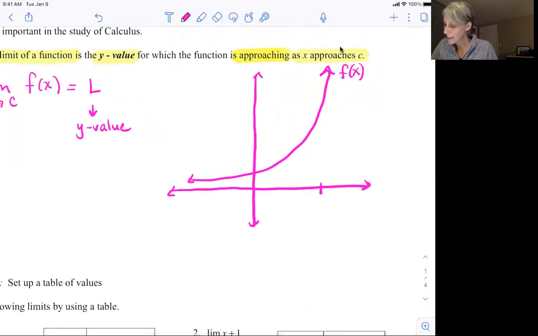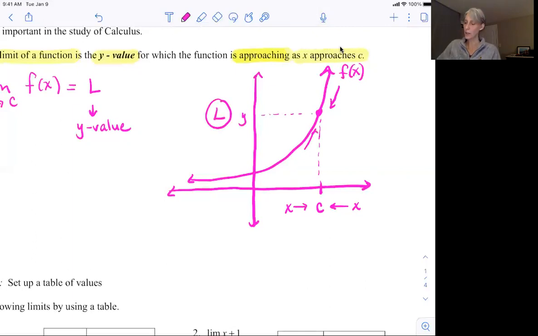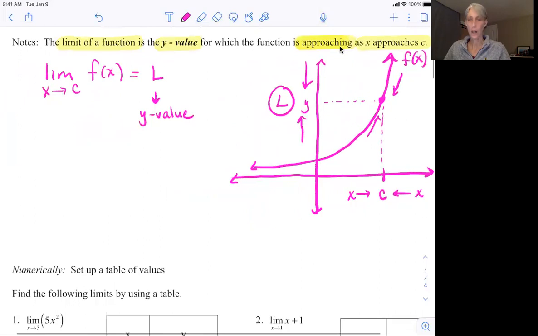What this definition means is, as I plug in numbers that get close to some number c on the x-axis, our y values are getting close to some number L, right? So our y values are approaching some number L, which is really just a number.